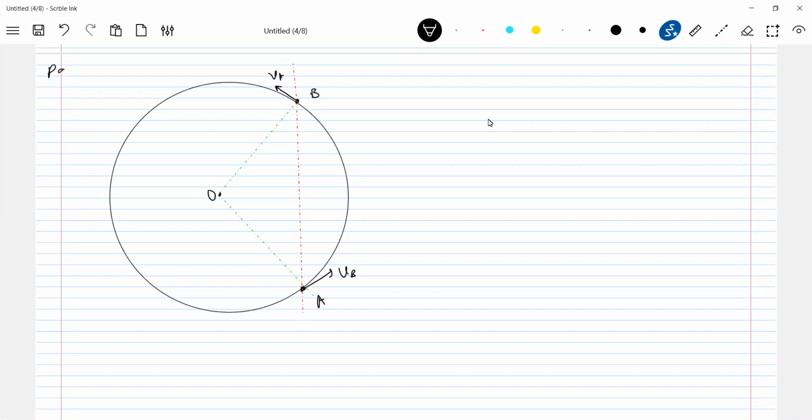First case I'm starting: particles A and B are moving in the same sense, with different angular velocities. Okay, this is the first case I'm assuming.